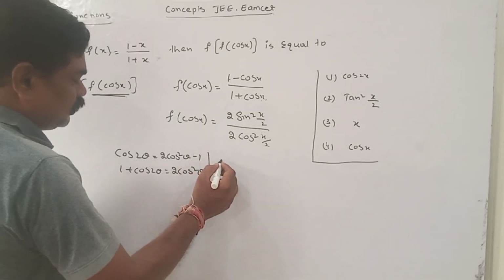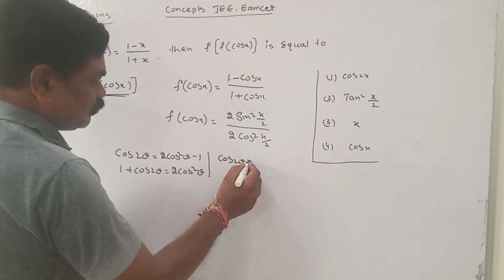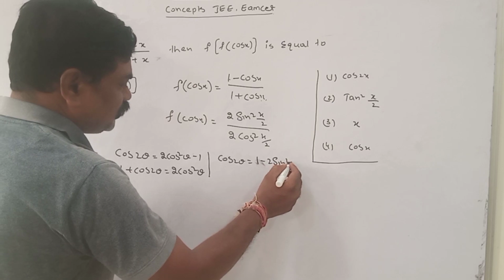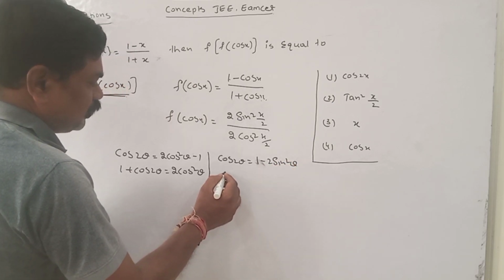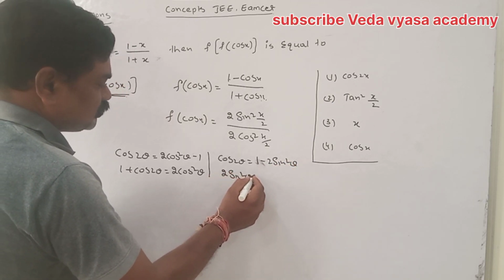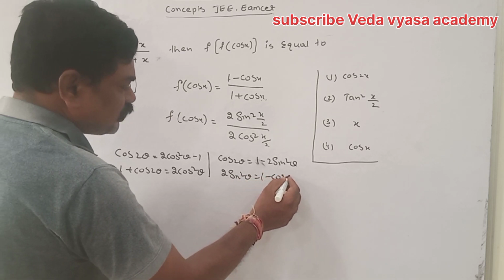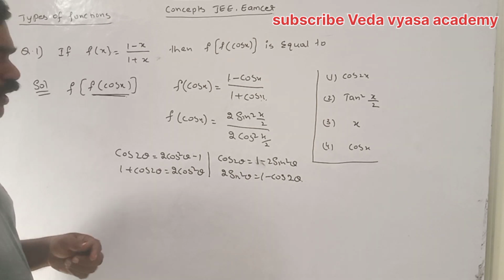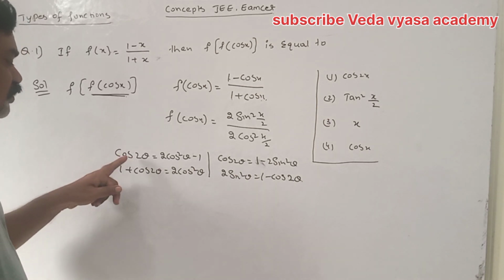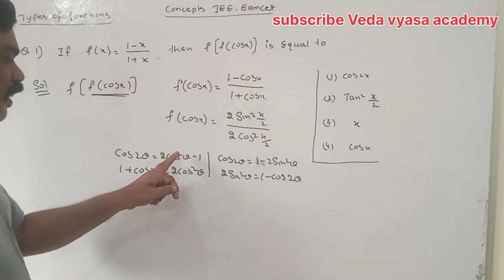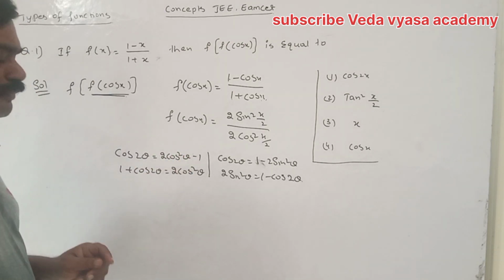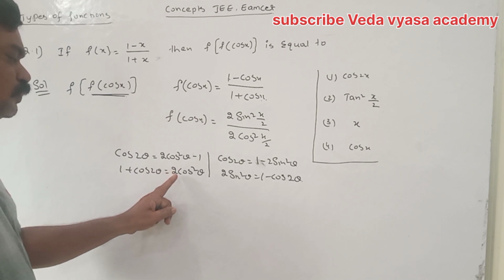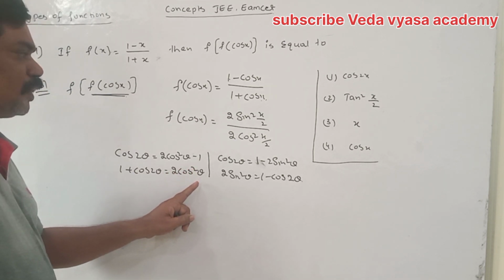And also cos 2 theta is equal to 1 minus 2 sin square theta, then 2 sin square theta is equal to 1 minus cos 2 theta. Here, in place of 2 theta, if we take theta, then 1 plus cos theta is equal to 2 cos square theta by 2.